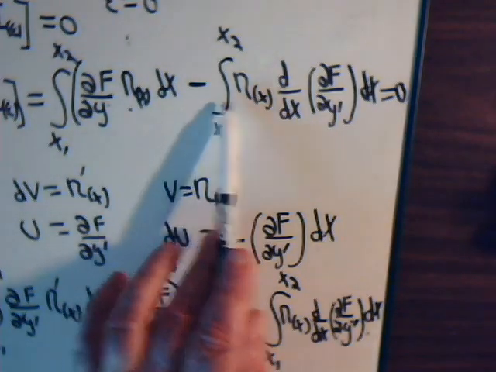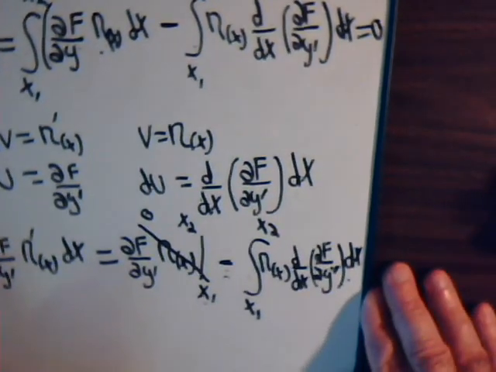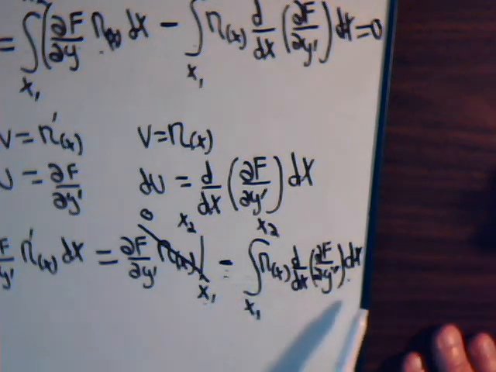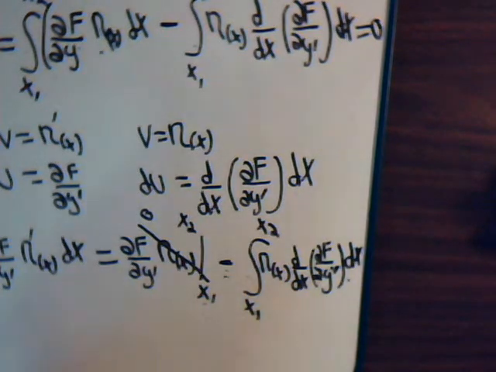Okay, this is just what we had written down here, only hopefully a little bit neater. So we're going to get rid of all this now. We don't need it any longer.